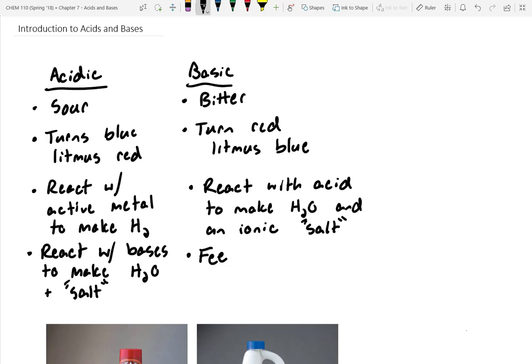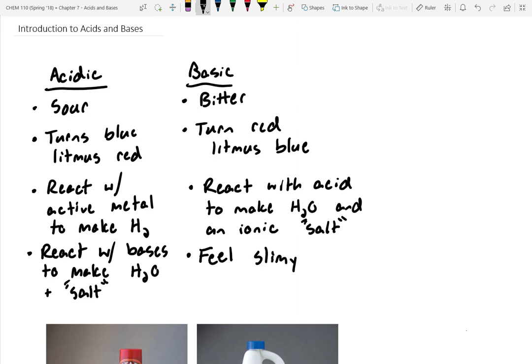There's a lot of alkaloids that are incredibly bitter in cooking. I'm trying to think of a non-cocktail example, but a lot of them are found in cocktails. Yeah, so baking soda is a classic household base. We'll take a look at a few household bases. Yeah, but typically bases will feel slimy if you get them on your skin.